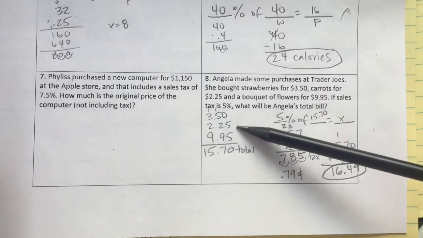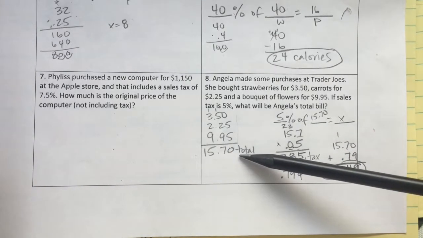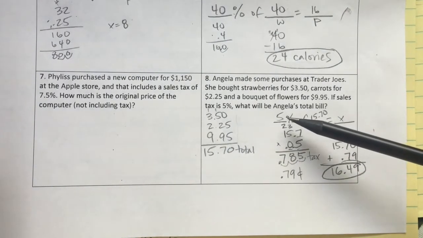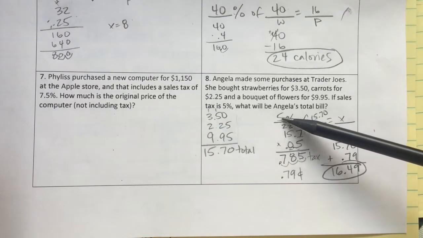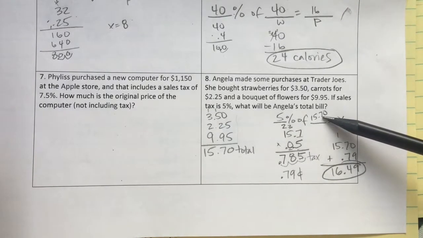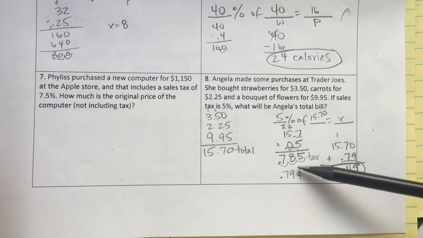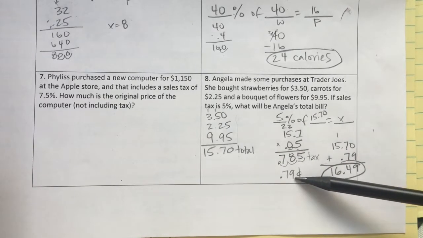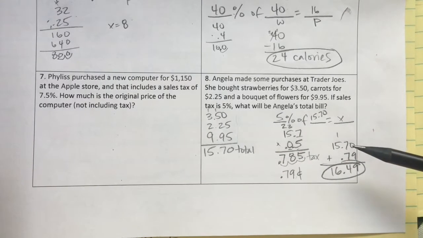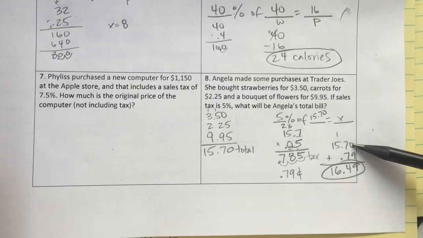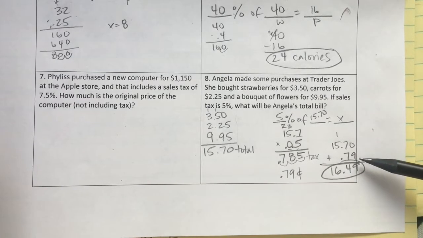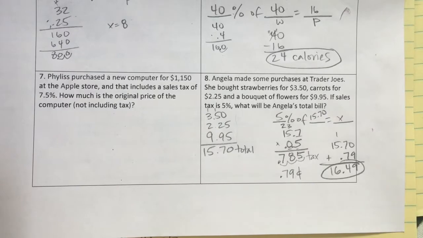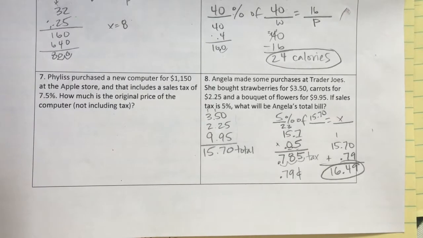So the first thing I did was add all those up and I got $15.70. And then to calculate the tax, we did 5% of $15.70, which, with some rounding, worked out to 79 cents. And then you should have added the original full amount with the tax, and you should have gotten $16.49, okay?